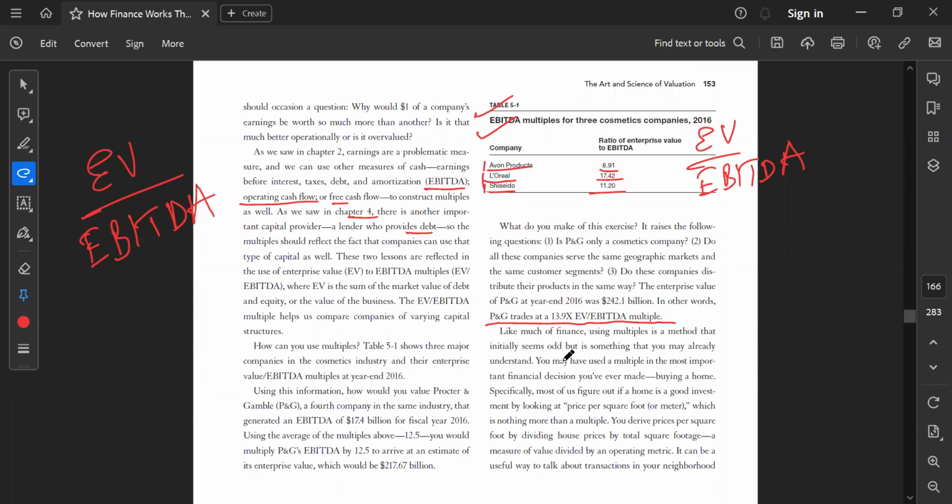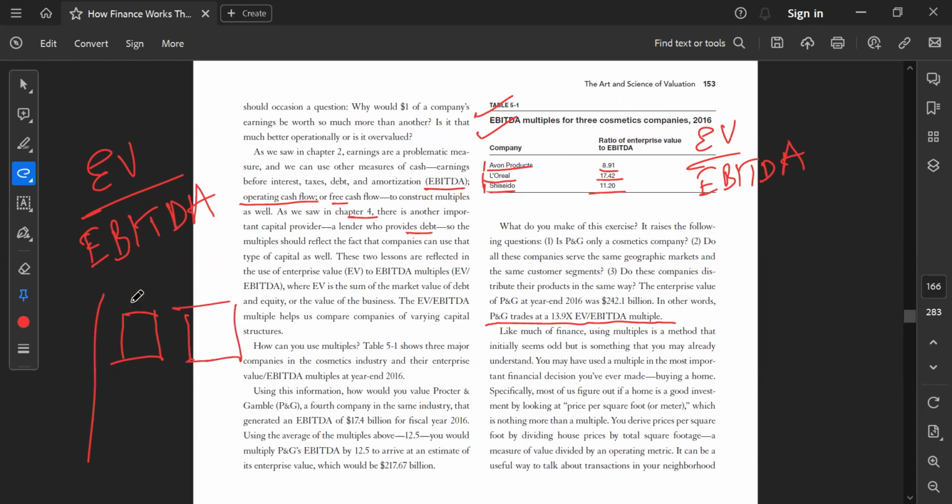So here it says that this multiple method of valuating a company is similar to assessing a home, okay. Assessing a home using its price per square foot measure. Okay, here a beautiful example is given that let's say we have a beach and here is one home, and let's say in the same locality here is another home.